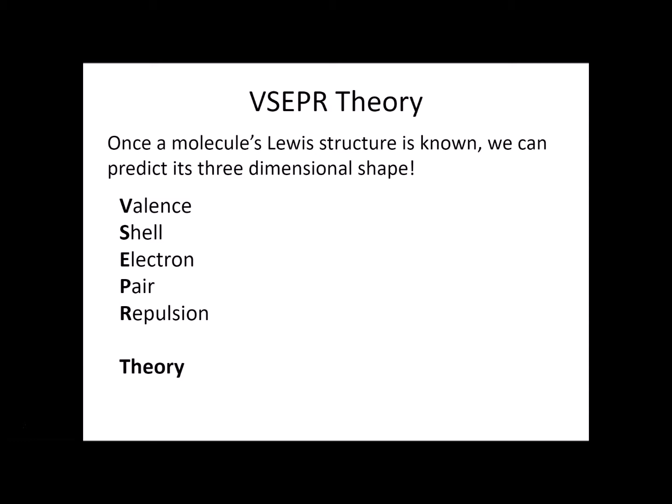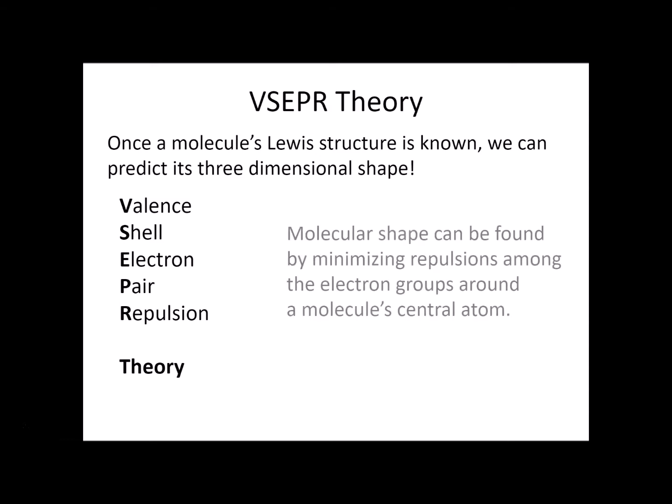So if you put that together, valence shell electron pair repulsion theory, it means when we're considering the valence electrons as shown in Lewis structures, which always act in pairs, always, except for substances called free radicals, which we're not going to touch in this class, they're repelling each other.